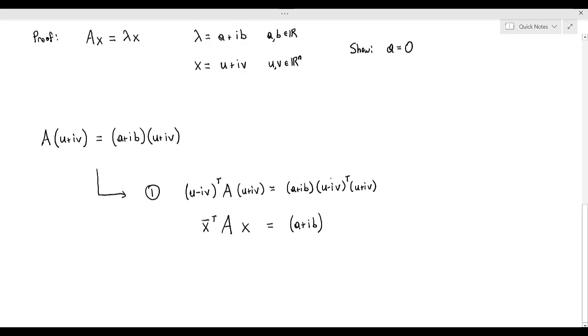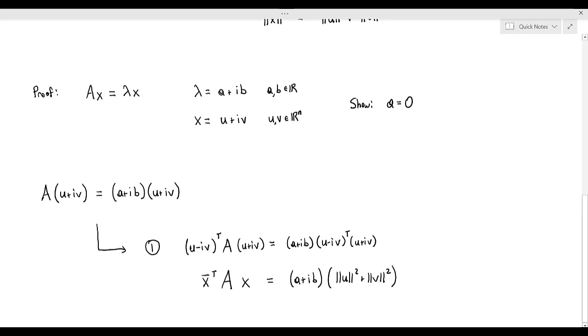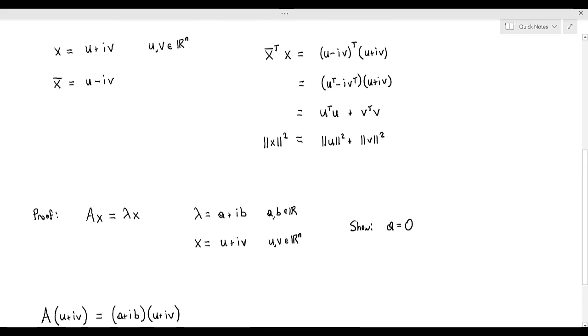And then here, where I have u minus iv transpose times u plus iv, we did this computation earlier, where it turns out to be the length of u squared plus the length of v squared. So just real quickly, that's what I did up here.